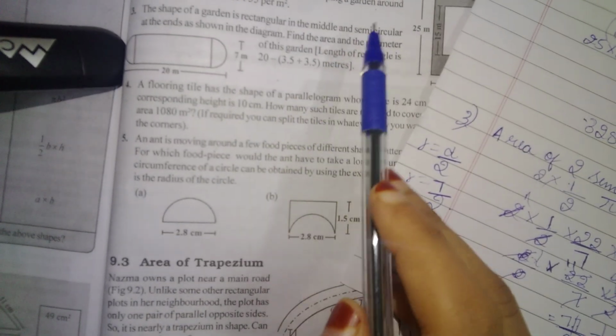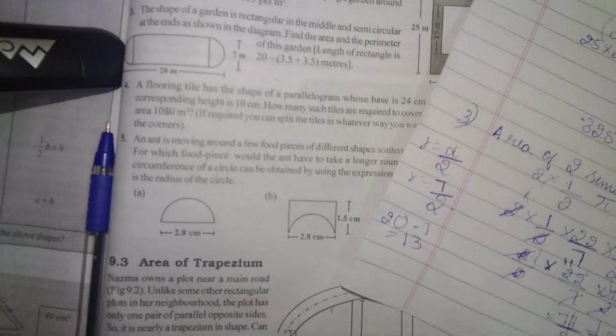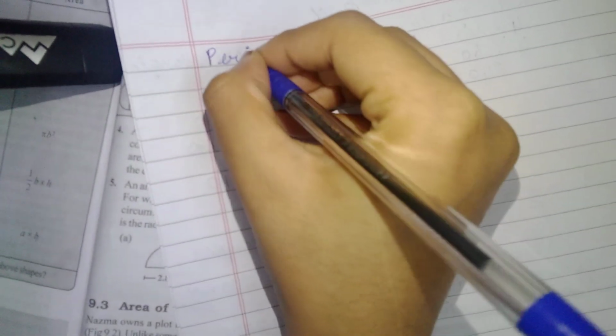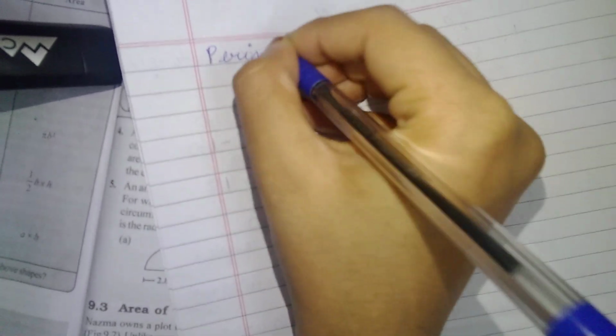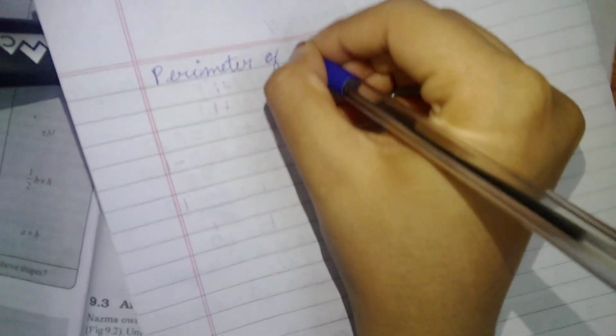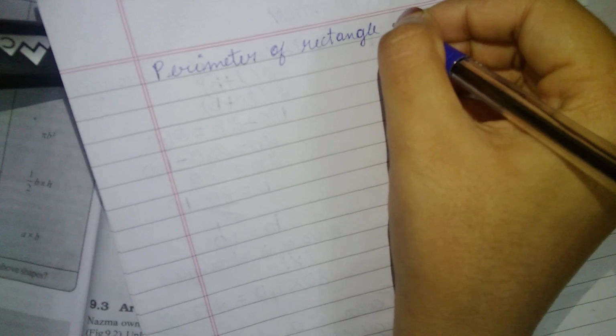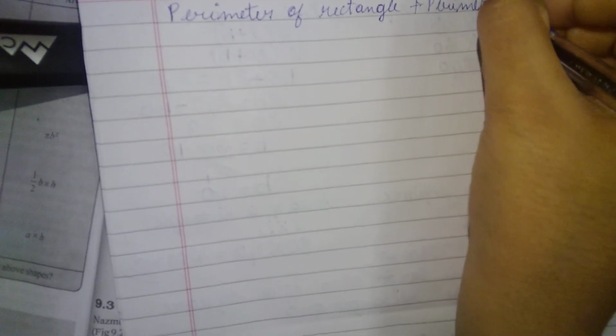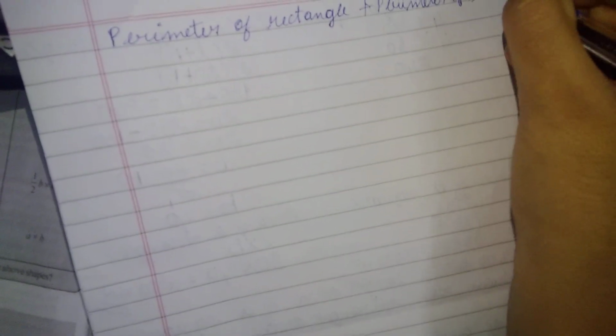Now we have to find the perimeter. So what's the formula of perimeter? Here we'll write perimeter of rectangle plus perimeter of semicircle.